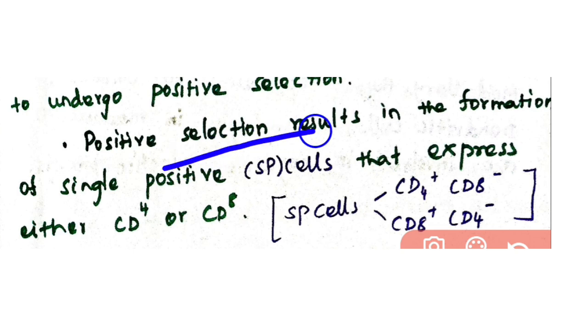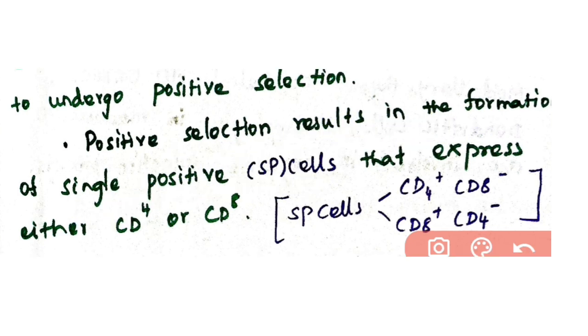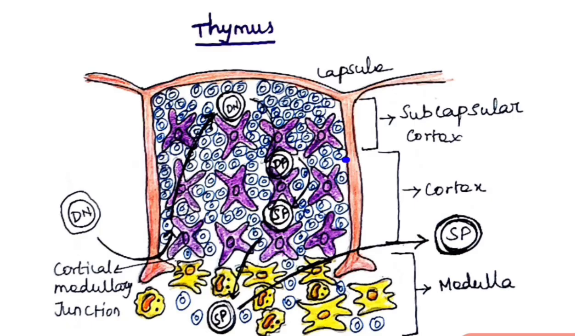Positive selection results in the formation of single positive cells that express either CD4 or CD8. The cells which leave from the cortex are single positive cells. So single positive cells are released from the cortex into the medulla.